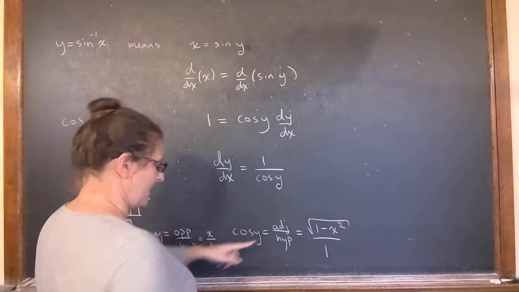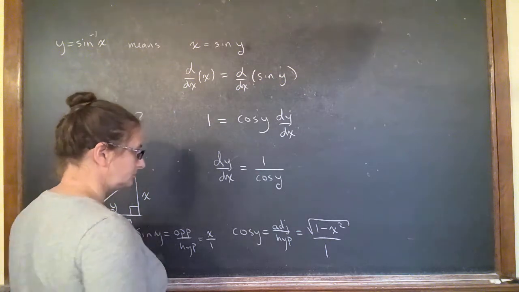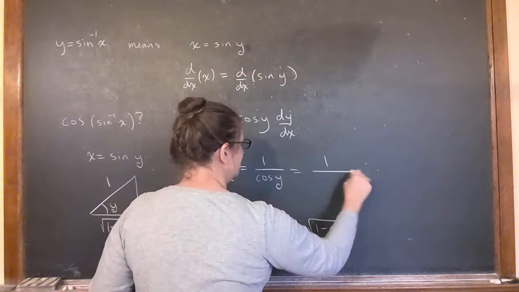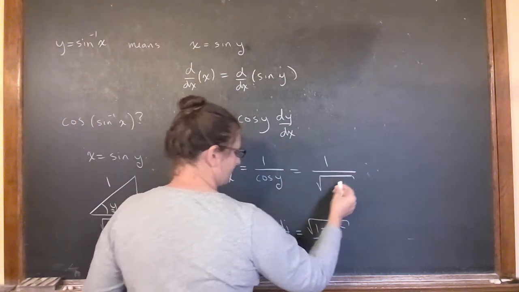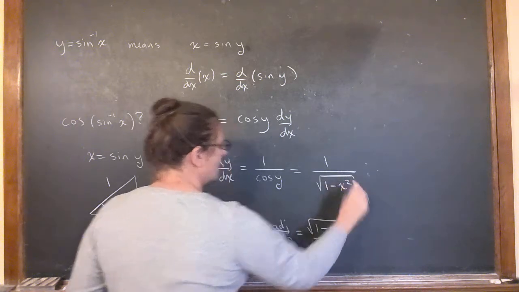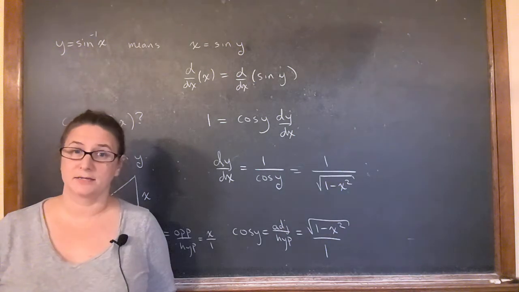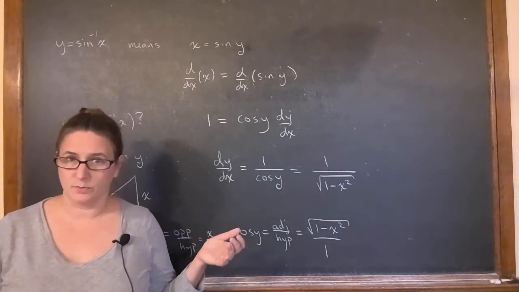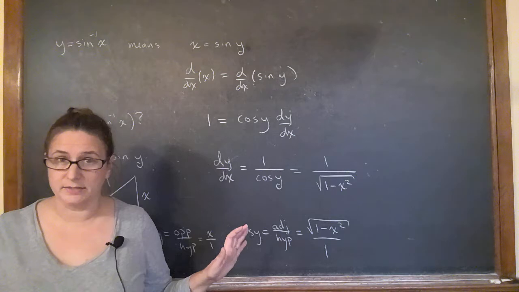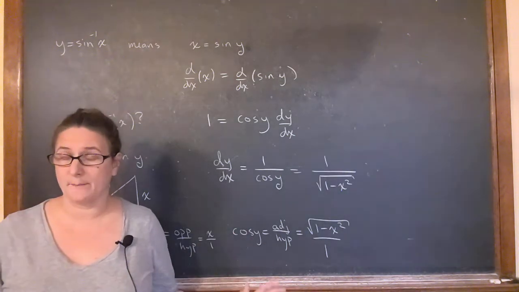So cosine of y is the square root of 1 minus x squared. So that tells me that the derivative of inverse sine of x is 1 over the square root of 1 minus x squared. Not an easy one to remember, granted, but we expect you to remember it anyway.